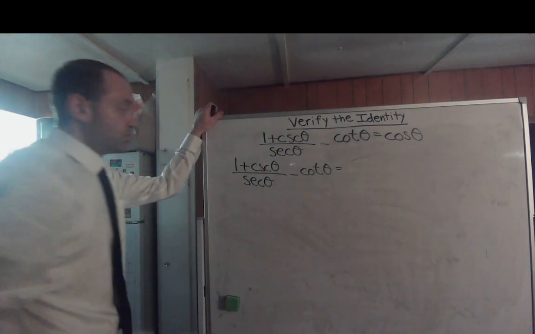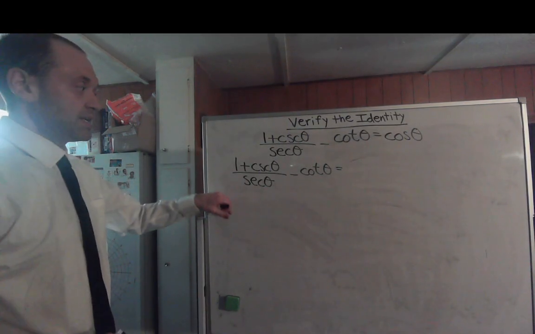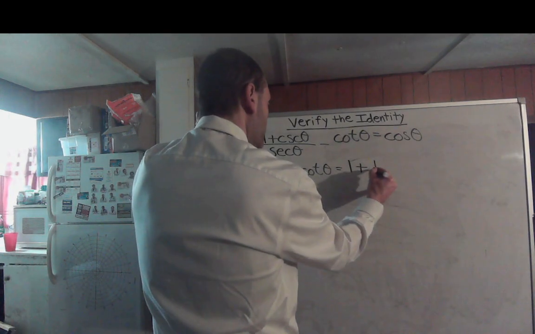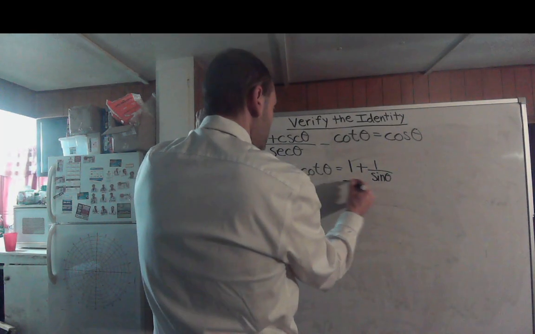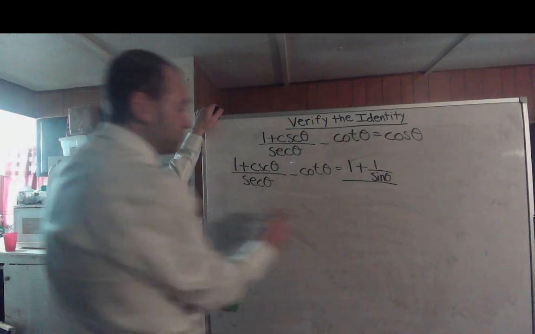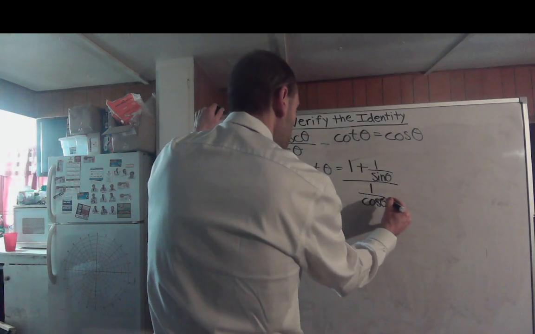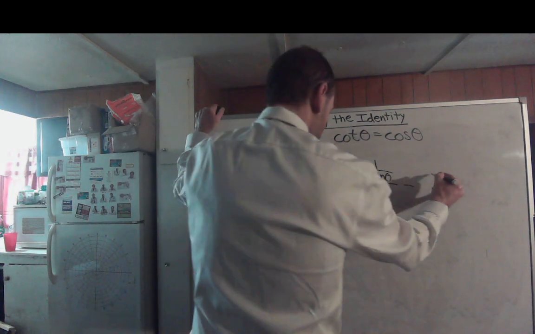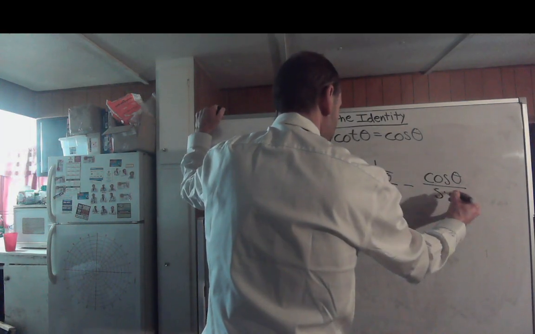All right, so all these basically are reciprocal identities. So the cosecant of theta, this would turn into 1 plus 1 over the sine of theta all over your secant of theta, which is going to end up being 1 over the cosine of theta, minus, now what's the cotangent? That's cosine of theta over the sine of theta.